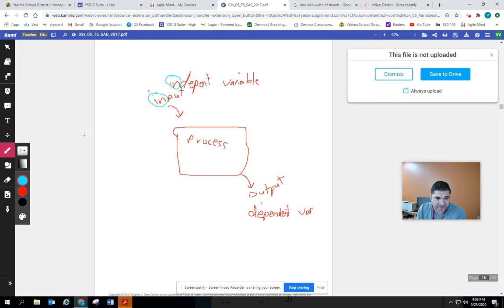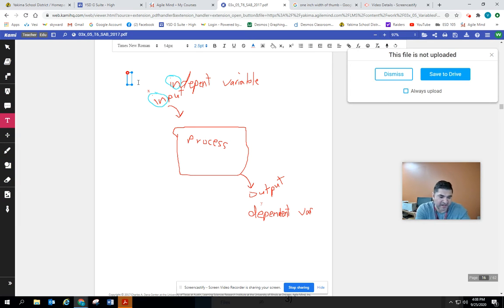Another way I like to look at this is that this is the action that you do. And down here, this would be the result. If you study hard, the result will be you get a good grade, right?